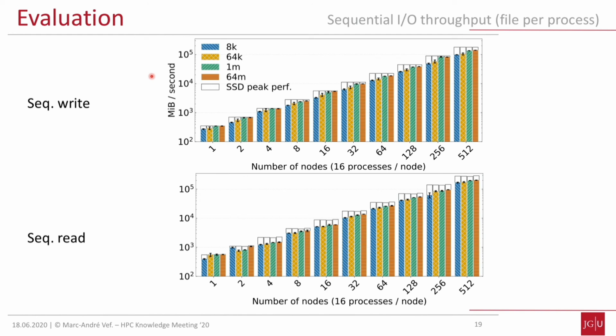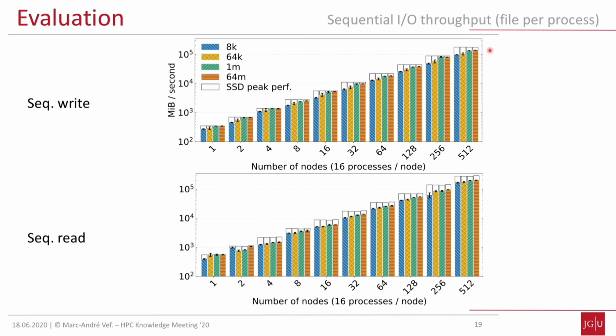As we can see, similar to metadata performance, GekkoFS scales linearly, or almost linearly, with the number of nodes. But larger I/O sizes work better because, as we have seen earlier with the I/O workflow, if a larger I/O size is used, then more daemons will take part in each I/O operation.